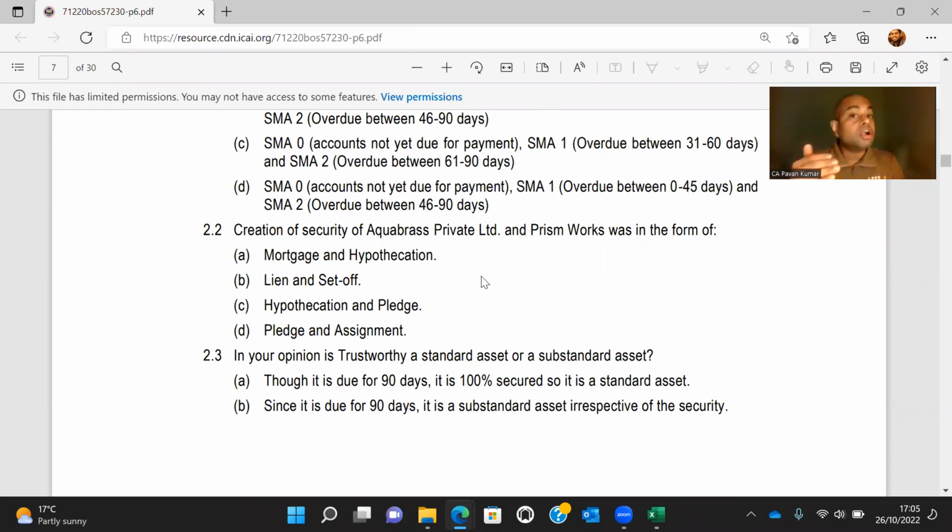I'm not saying you are not putting your knowledge and brain, but if we do like this, case studies are easy. To make this a habit, on the ICAI website, there is one MCQ booklet which consists of 25 case studies. Do all the 25, then you will get 30 out of 30 in this objective type. So the answer is D.